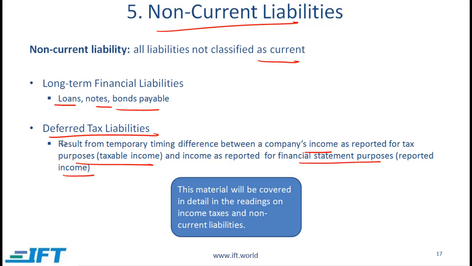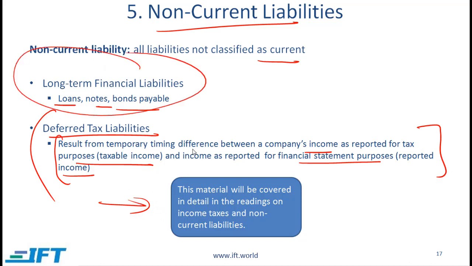In case your head is spinning, that's all right, because there is a full reading on this material later. That reading is called income taxes and long-term liabilities or non-current liabilities. This is also a reading that we will cover later.